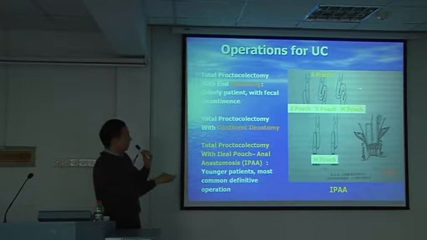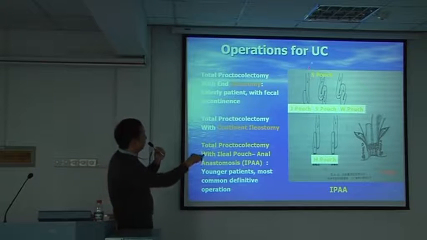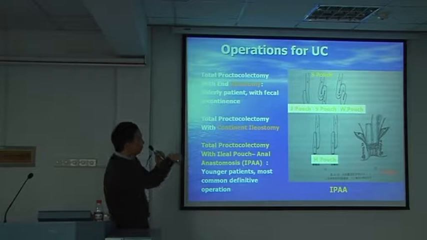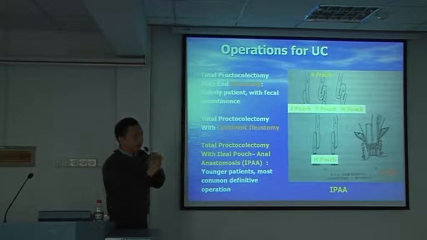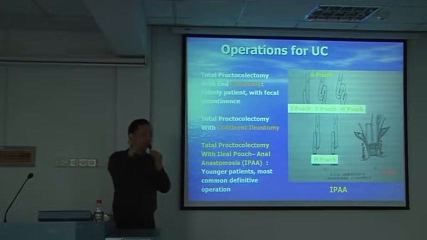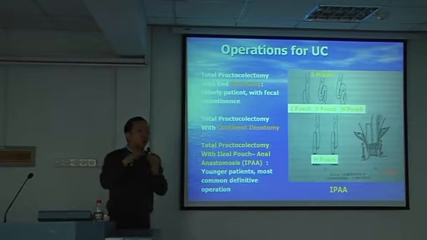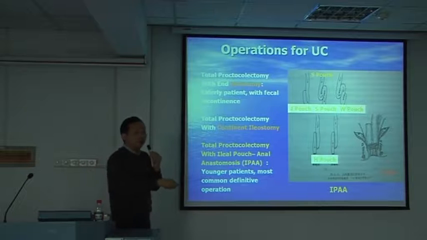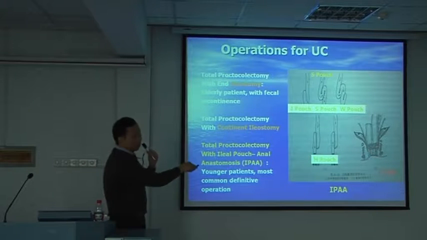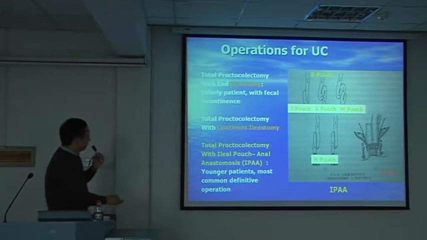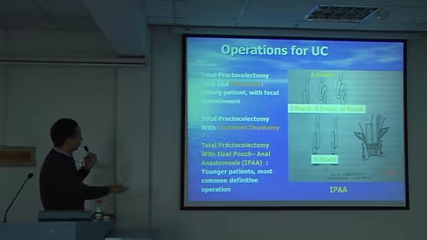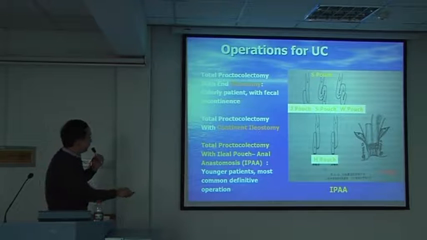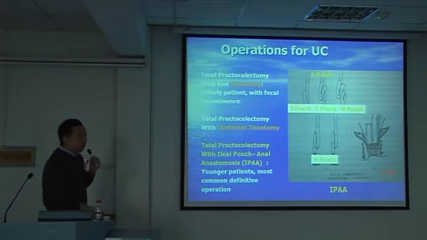And because the movement of the bowel is from here this way, if you do the pouch, there's disordered movement, so the feces will stay in your pouch for a longer time. So this is why we do this pouch. Okay, so this common definitive operation is total proctocolectomy with ileal pouch anal anastomosis.